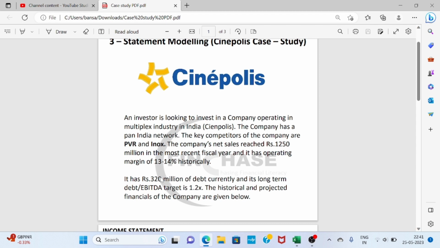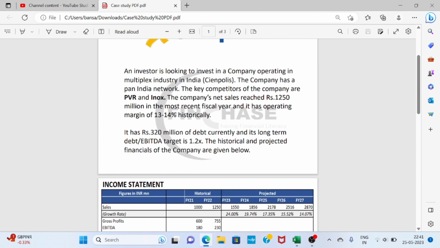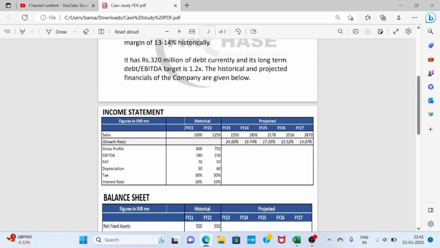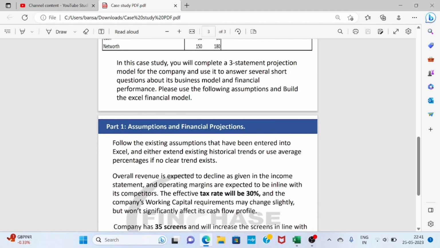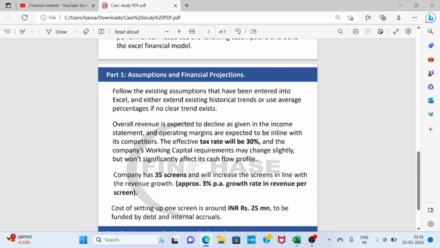There is 320 million of debt, and the company's debt to EBITDA ratio is 1.2x. We have also been given the income statement and balance sheet for the company, and we have extracted all this information and put it in a financial model as well.